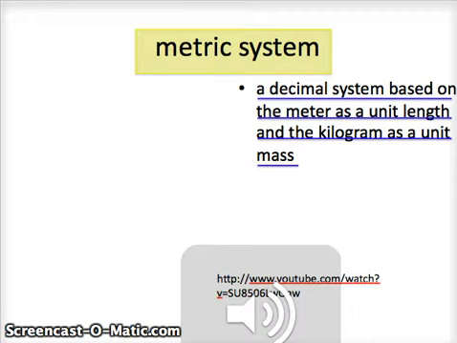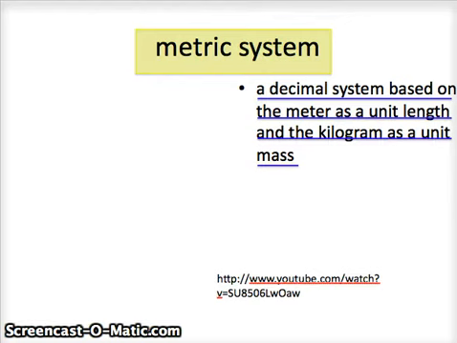The only people who use the metric system are doctors, right? And I feel sorry for the doctors because they have to give us our diagnosis in fruit. You go to the doctor and they say, you have a tumor. Oh, okay, how big is it, doc?